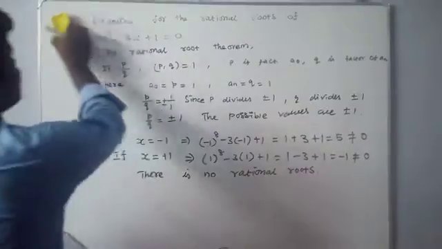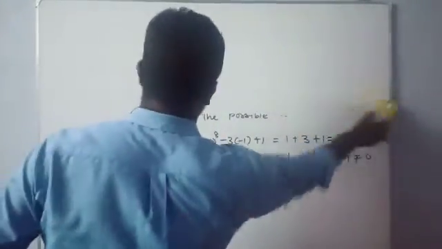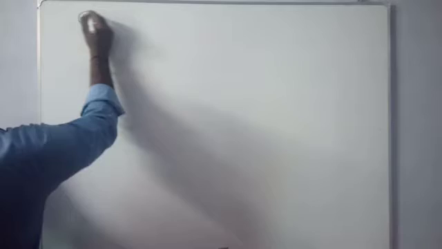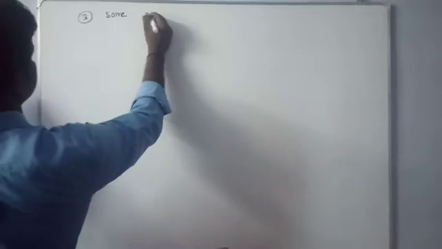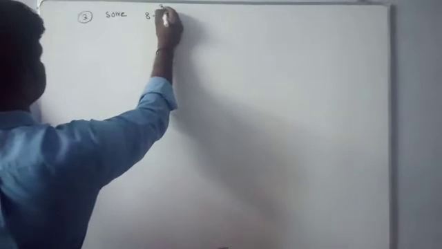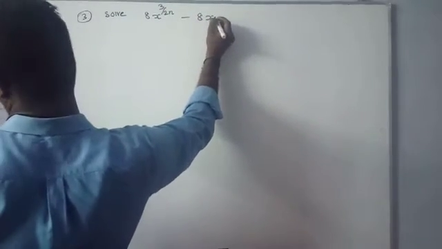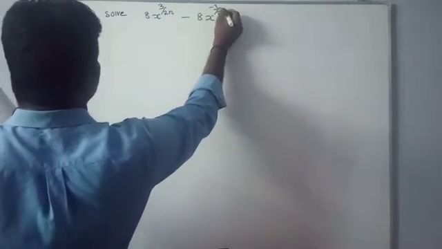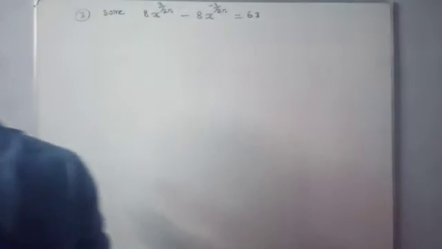And the third one. Solve 8x power 3 by 2n minus 8x power minus 3 by 2n equal to 63.